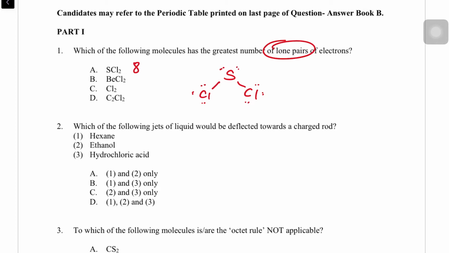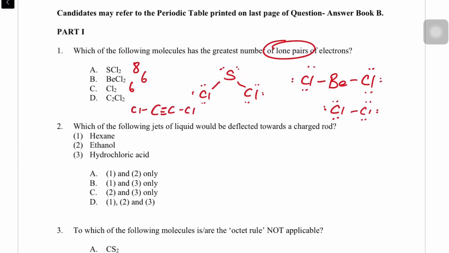Beryllium chloride is like this, so only 6. The chlorine, again 6. And C2Cl2, same. So the answer will be A.